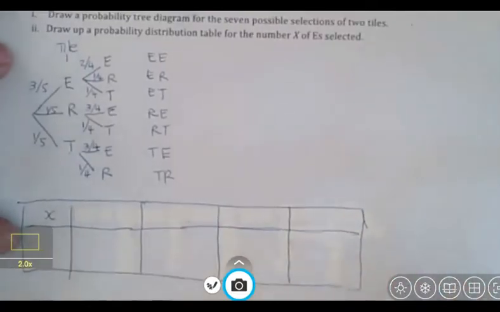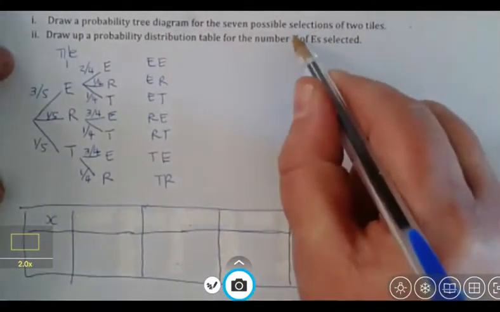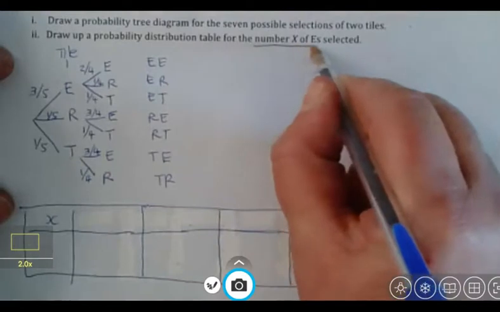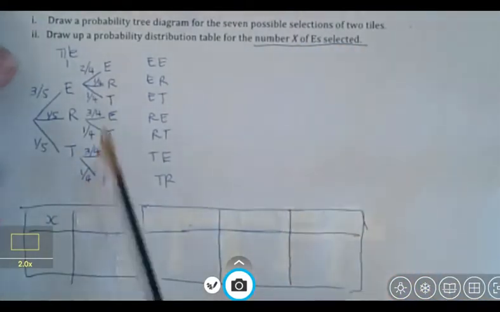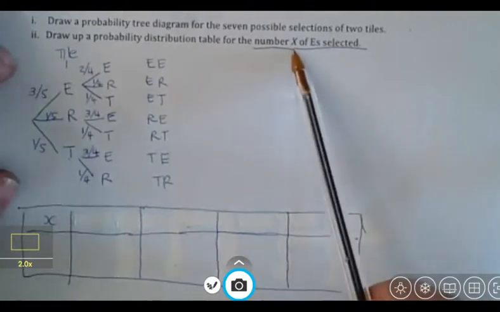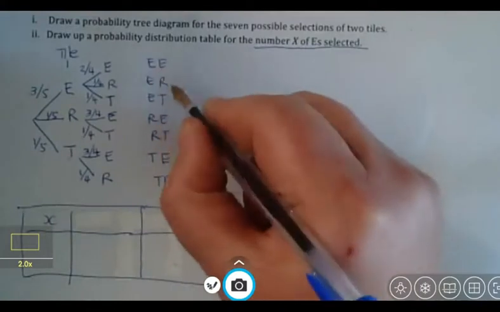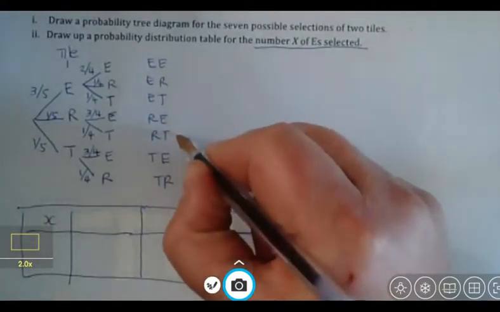Okay, now to draw up the probability distribution table, it's really important that you look at how X is defined. It says, draw up a probability distribution table for the number X of E's selected. So we can see here you could have no E's.